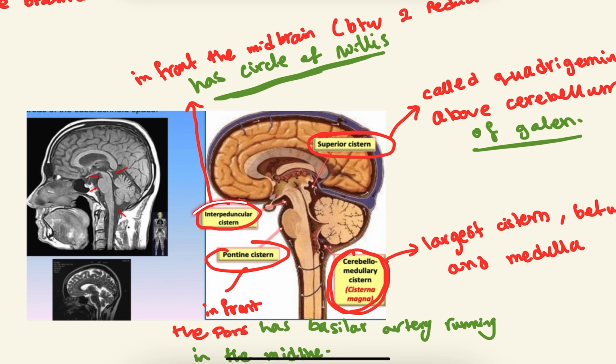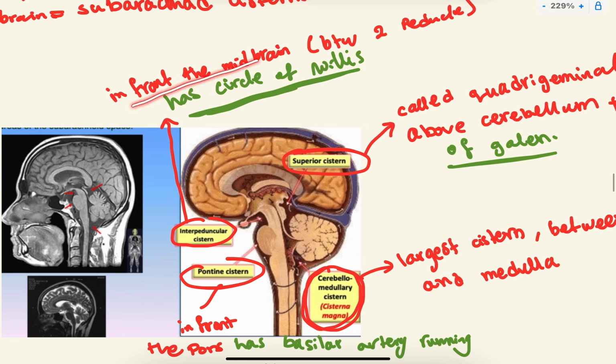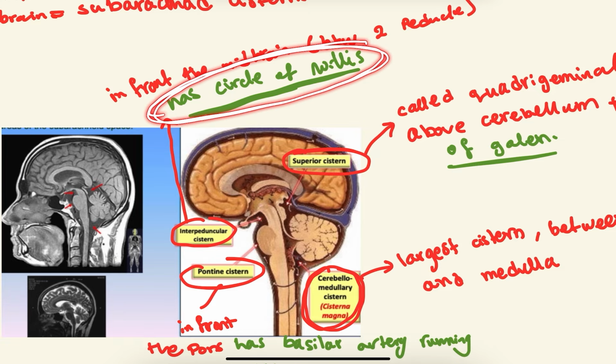Let's start first with the interpeduncular cistern, this one. It is in front of the midbrain, between the two peduncles of the midbrain, and it contains the very important circle of Willis.